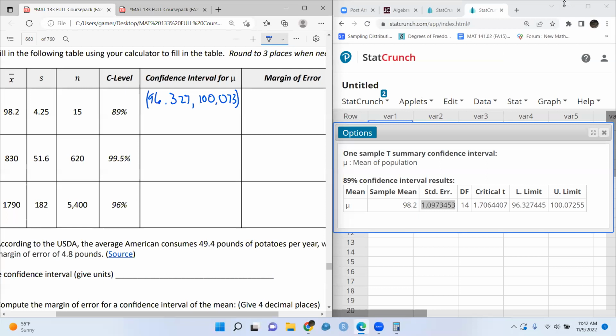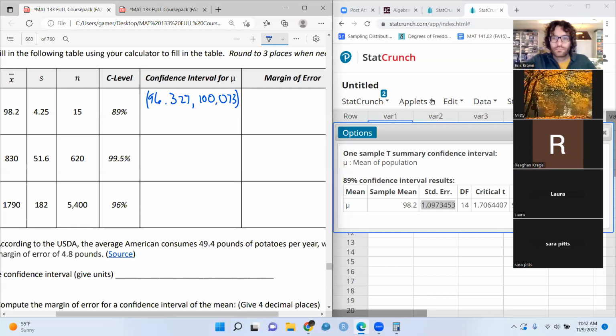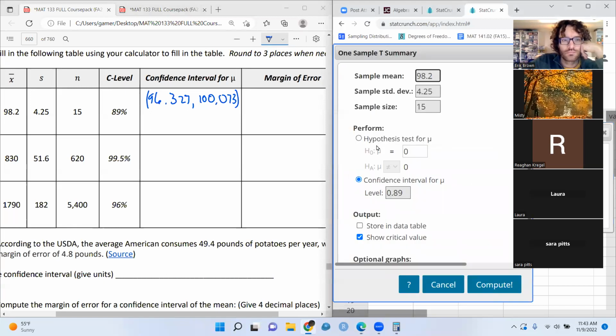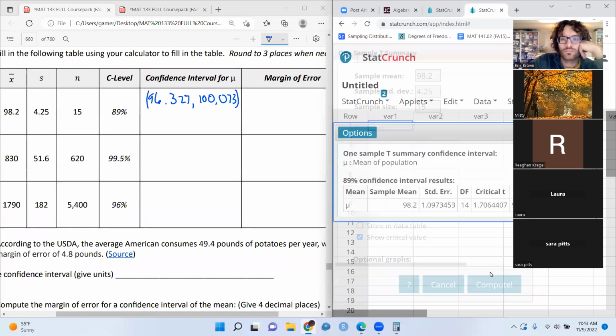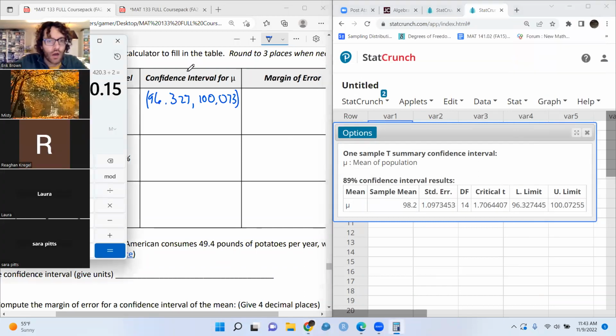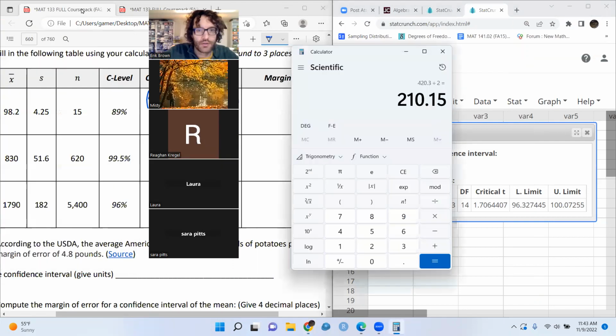How do we do, y'all? I'm doing all right. I think I did my margin of error wrong. I added instead of subtracted, so I should be doing the upper limit minus the lower limit divided by 2. So I was just fixing that. Other than that, I'll write in a couple answers, if you all are comfortable with that, and we can compare and see who did it right.